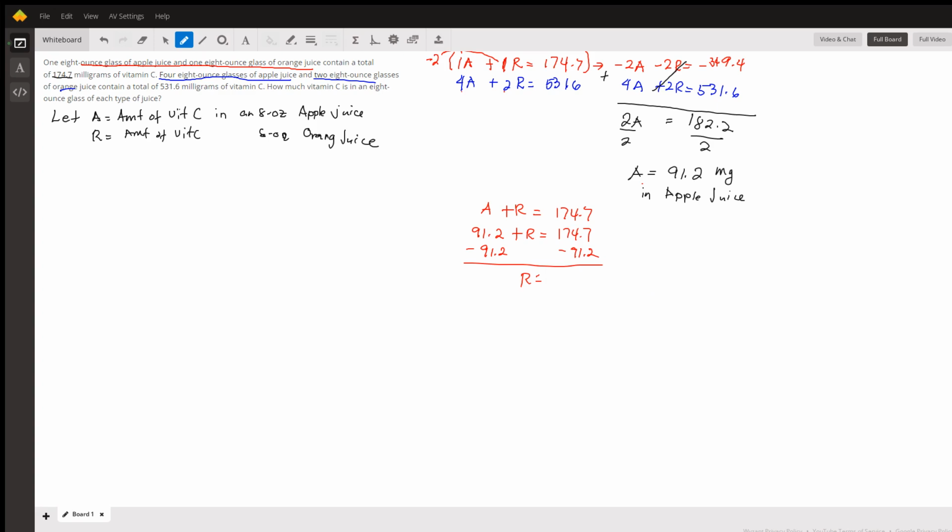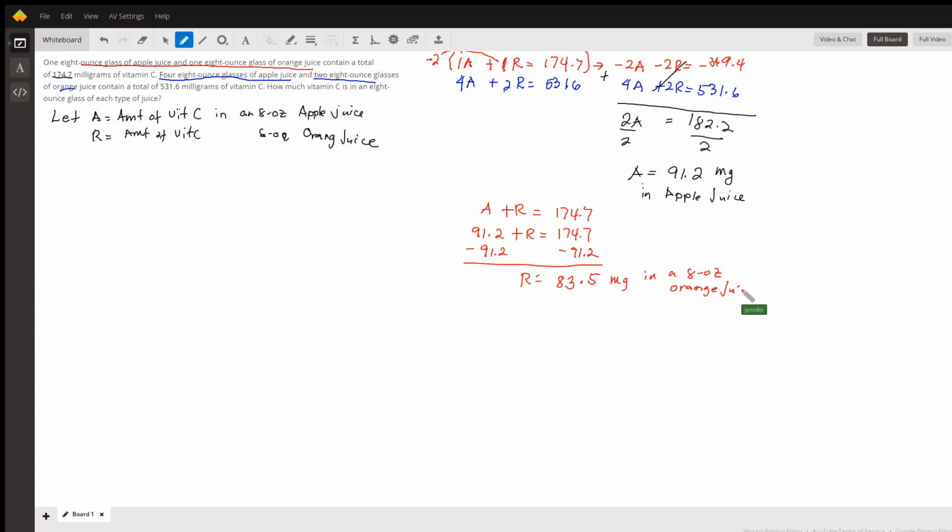Oh, I got this one wrong. This is not even hard. I guess it's faster without the calculator. So that's 83.6. Okay, 83.6 milligrams in an 8 ounce glass of orange juice.